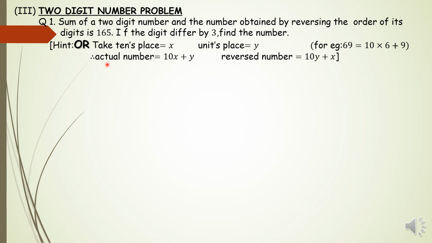So our number is actually xy. How we can express in this form? The actual number is 10x plus y. Look at this example. 10 into tens place plus units place. So the general form is 10x plus y.